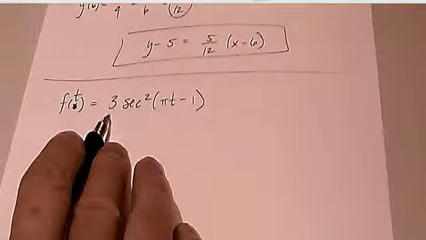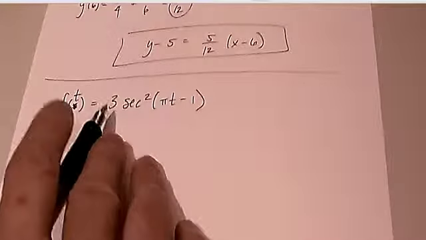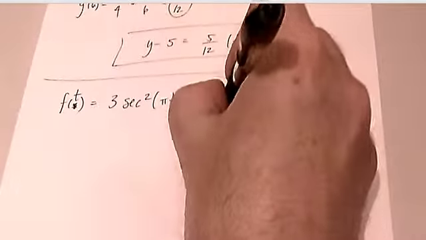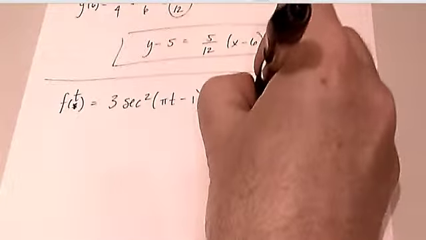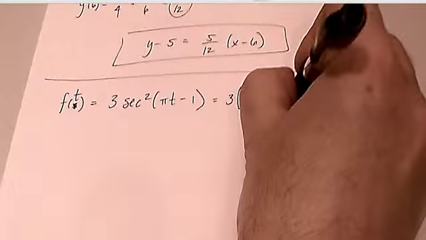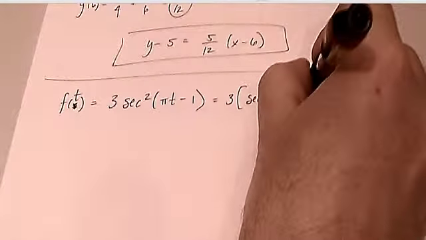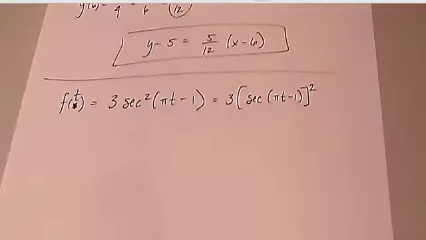Now, the 3 is just a coefficient. It just comes along for the ride. Now, if I want to take this and actually take it out of lazy man's notation, it looks like that, okay? Now, the biggest thing going on is, of course, the squaring. Then the secanting, if we can call it that, and then the linear inside.